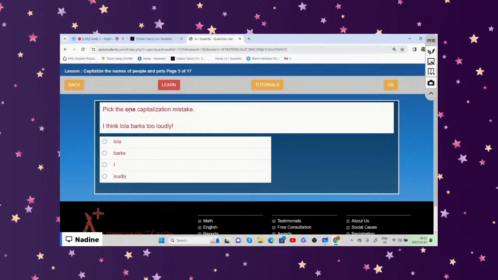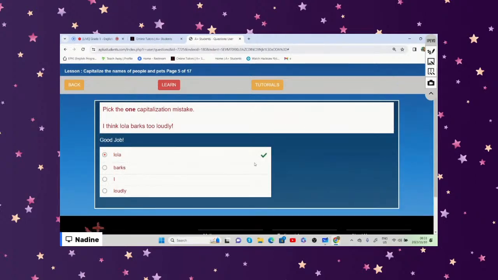The capitalization mistake. And if we select the one capitalization mistake, then it will be Lola. But remember, Lola is going to have to be capitalized.